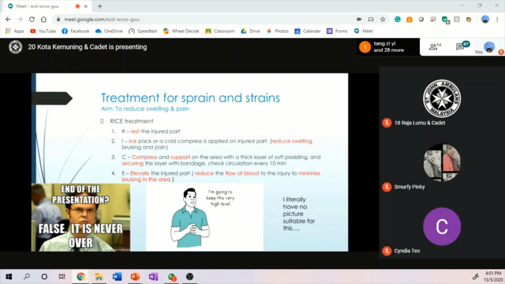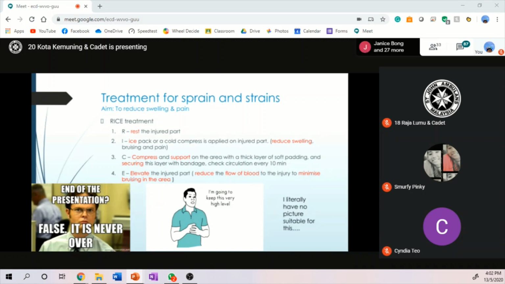The treatment is the same as the previous wound, like RICE treatment, not nasi. R is to rest the injured part. Don't let the injured part move here, move there. Then use ice to compress. It can reduce swelling and bruising and pain.